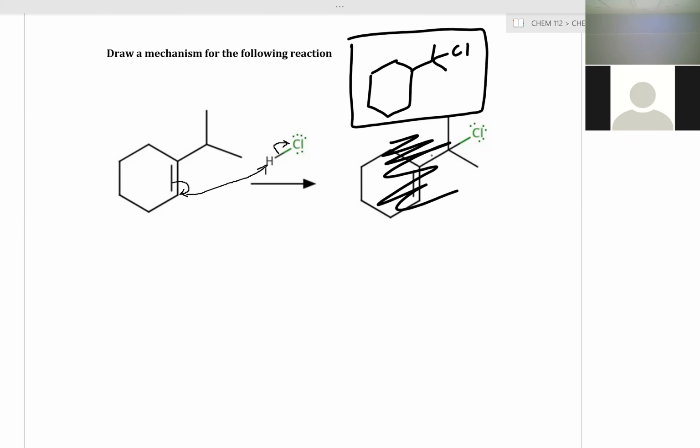Yep, first step, protonation, exactly right. Yep, followed by a hydride shift.